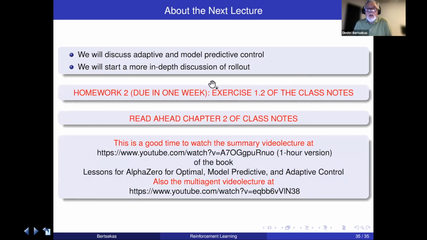Okay, there will be a homework due in 1 week. Exercise 1.2 of the class notes. This is a rollout type problem. It's quite substantial. You'll have to do a lot more work than you did for the first homework problem.